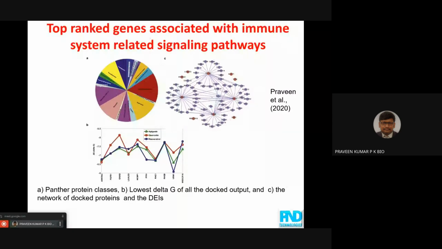After this, whatever I identified as the top 10 genes, I docked with the three plant compounds, as I mentioned earlier in the molecular docking. Quercetin is docking with 6 out of 10 targets. So I concluded that quercetin is the best candidate for treatment of ovarian cancer.